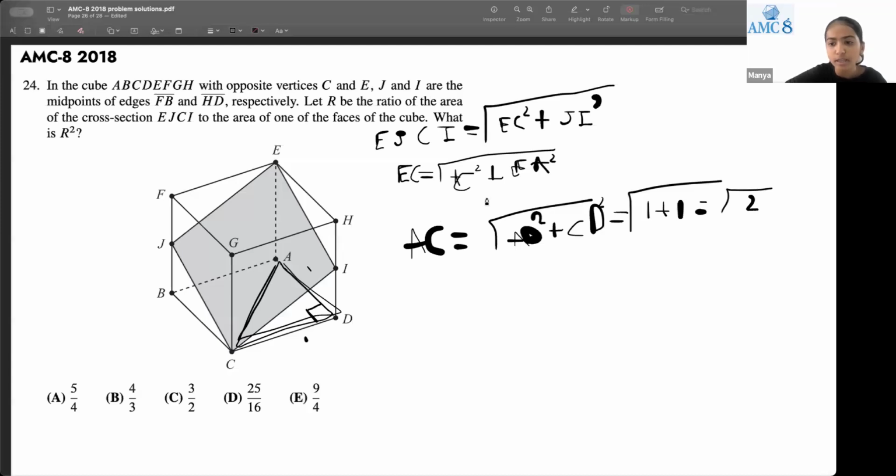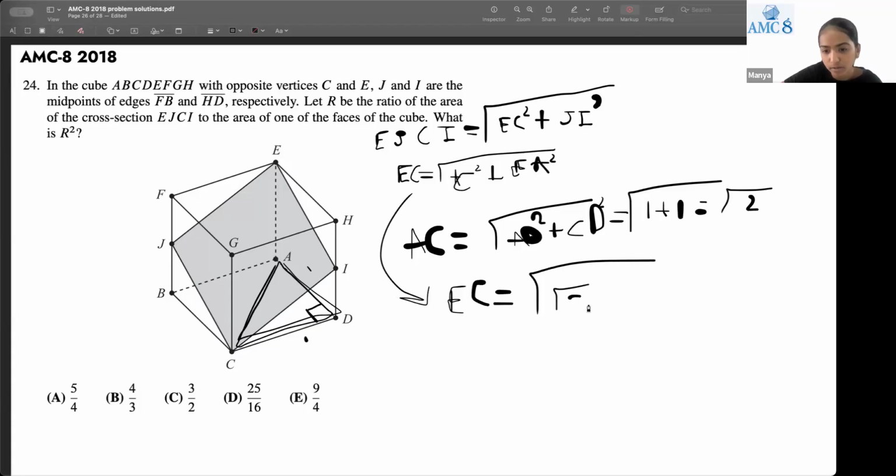Well then, what would be EA squared? So I'll just be writing this right here. EC equals the square root of AC squared plus EA squared, so AC would be equal to the square root of 2, squared, plus EA squared. So what's EA?